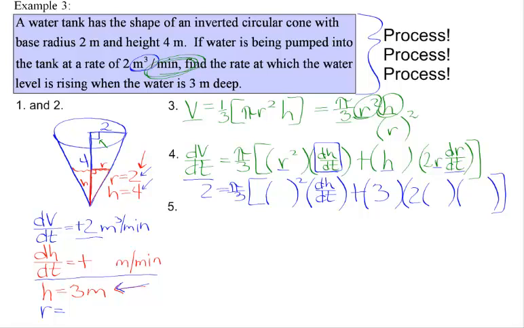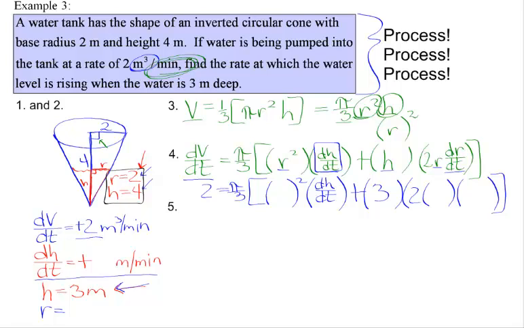I want you to notice something. We have not used this information yet. We wrote it down. Something I want you to remember about advanced placement questions, whether they're multiple choice or free response, the stem of the problem will never, ever, ever give you extraneous information.